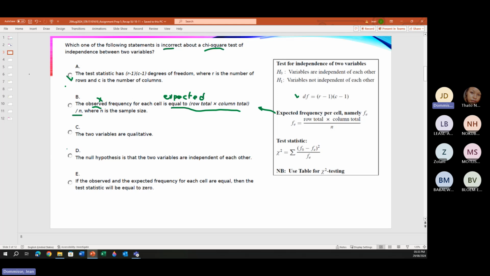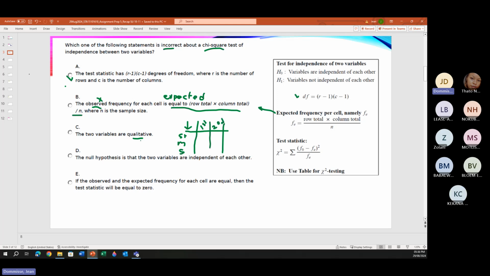Okay, then the two variables are qualitative. Think of it again as a table. One of the variables might be what subject you study, so stats, maths, let's say science, and the other might be first year, second year, or something like that.